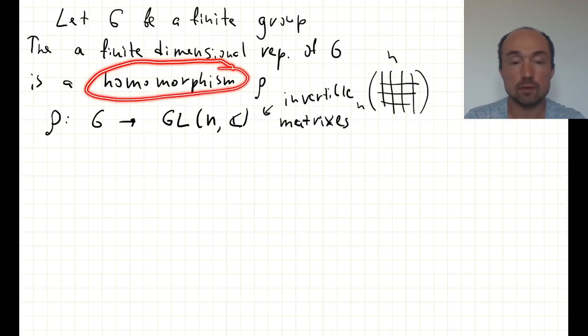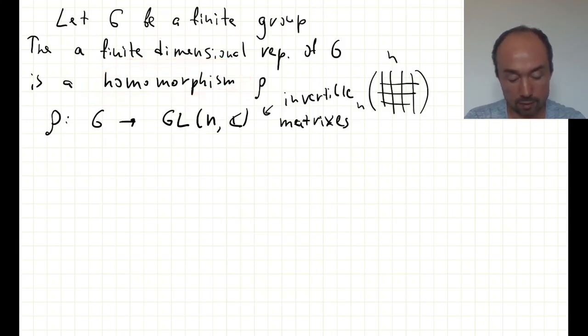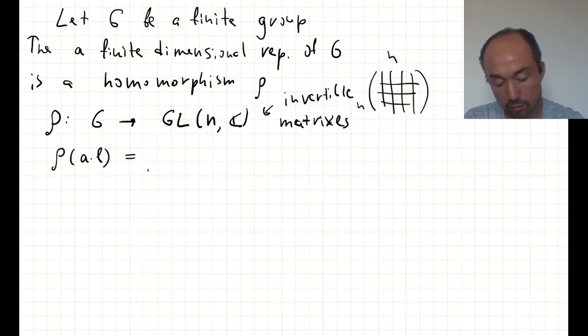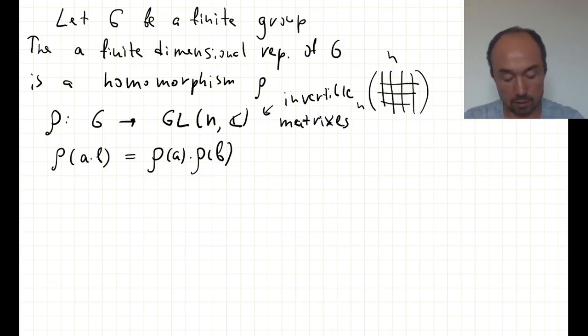A homomorphism is a map from one group to a different group, and it should satisfy the following property: rho of AB is equal to rho of A times rho of B. Here A and B are two elements of G, and rho of A is the image of A, a matrix inside GL_n(C), and rho of B is also a matrix. So the product of two elements goes to the product of two matrices.